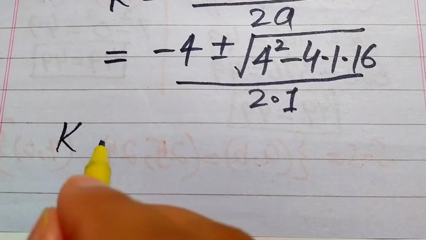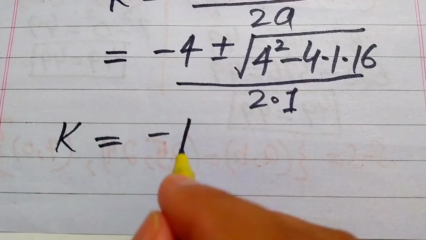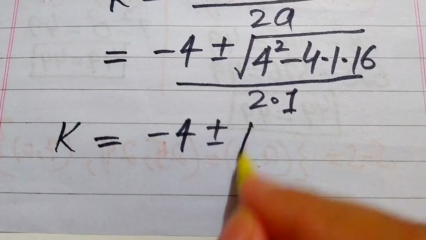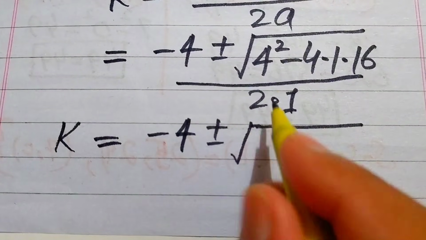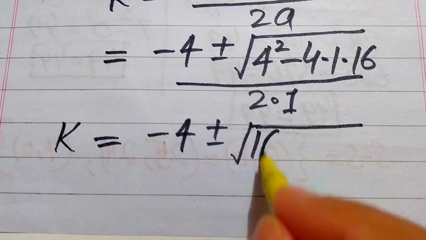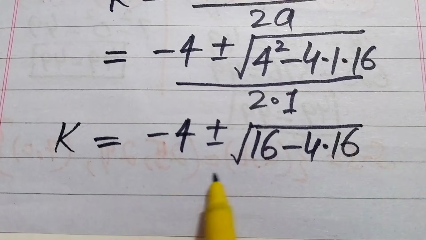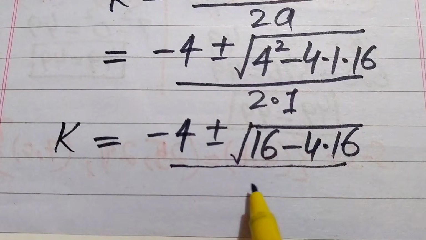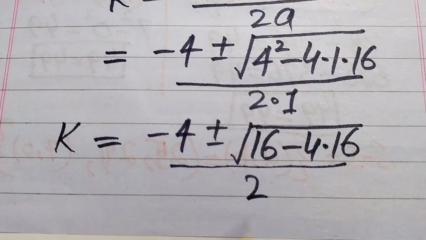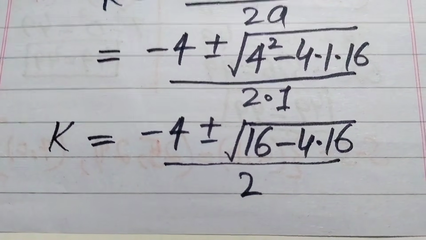Now k is equal to minus 4 plus minus square root of 4 square, which becomes 16, minus 4 times 16, divided by 2 times 1.